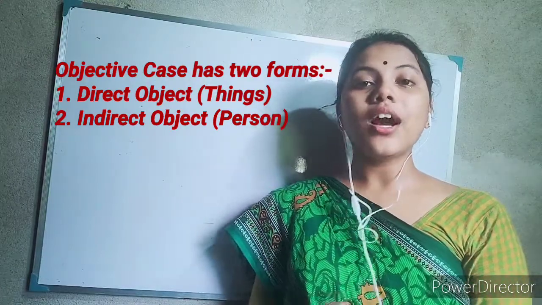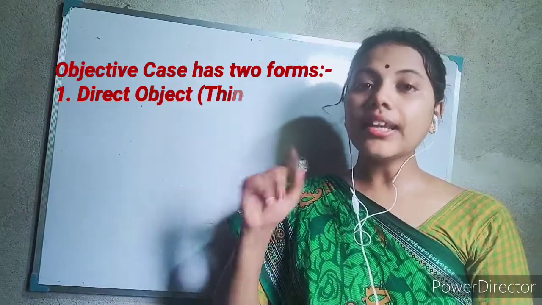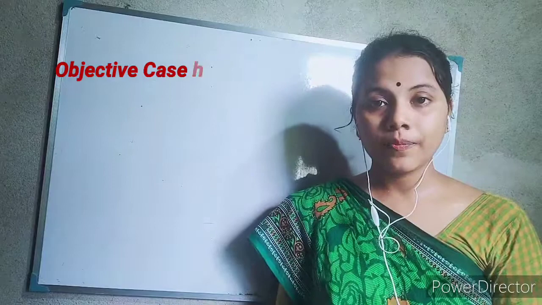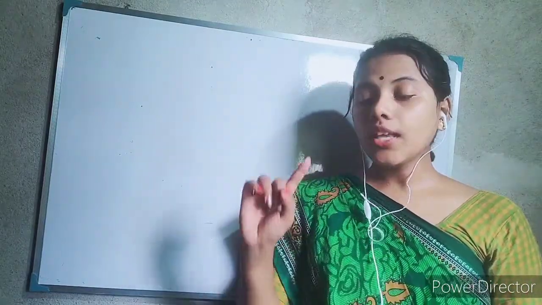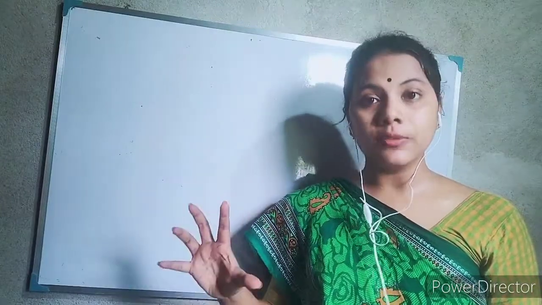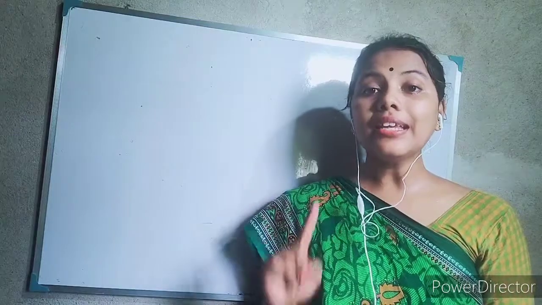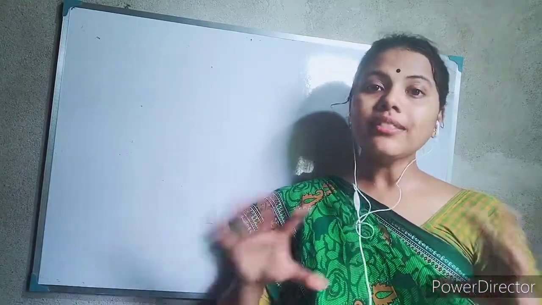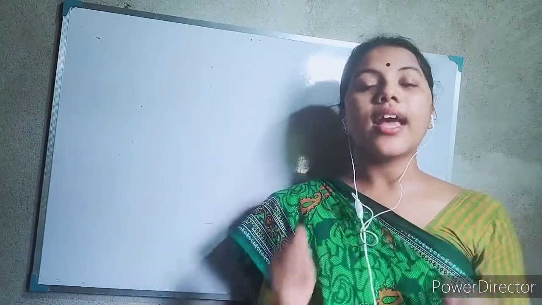Direct objects are those which denote things and indirect objects are those which denote persons. So in this sentence, I gave him a pen, you see, him is a person, so it is indirect object and pen is a thing, so it is direct object. So in that way, you have to identify the indirect and direct objects in a sentence.